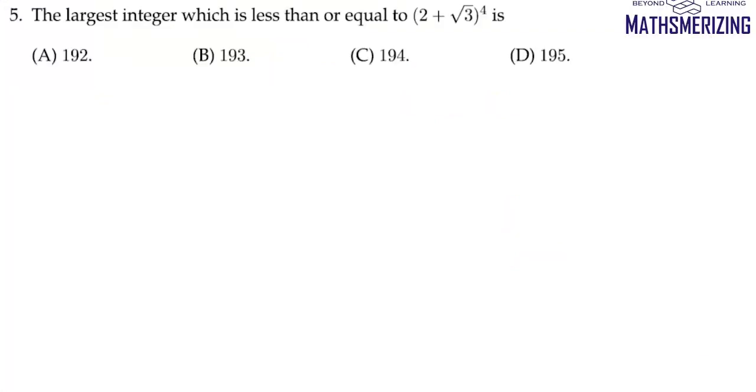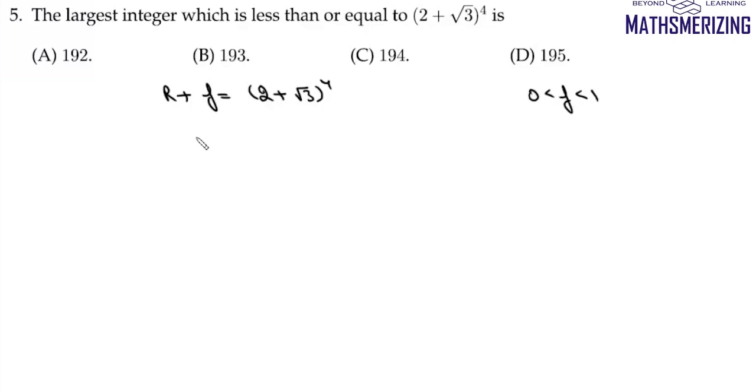Now question number 5 is, the largest integer which is less than or equal to 2 plus root 3 to the power 4 is. Now what we'll do is, we'll express 2 plus root 3 to the power 4 as its integer part plus its fractional part. So we'll write R plus f as 2 plus root 3 to the power 4, where the value of f lies between 0 and 1.